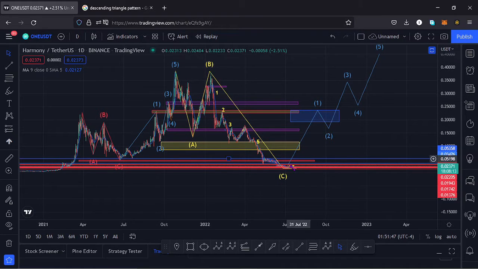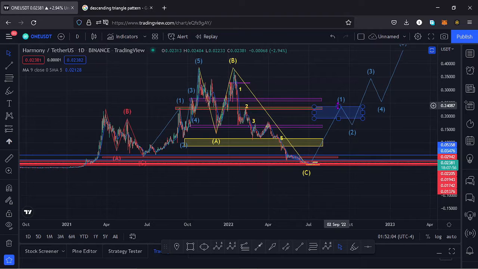Before that plays out, we first need to see a wave 1 to the upper side, and if I jump to the 4-hour chart, you can see that we have started seeing fractal waves starting to form for that wave 1 to the upper side.